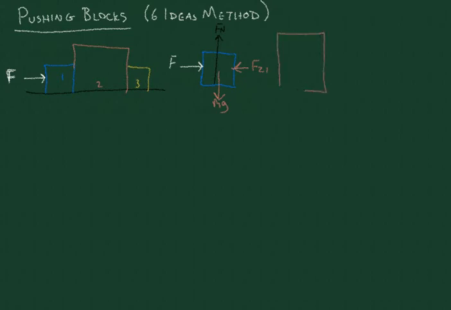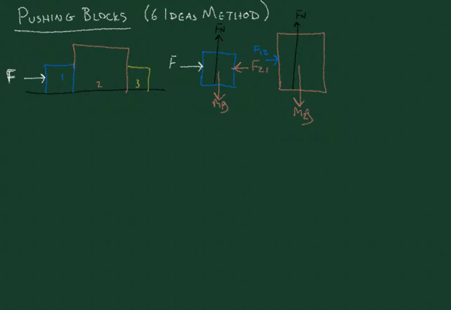Then, if we look at block 2, we also have a gravitational force pushing down on it and a normal force pushing up. I'll distinguish M1 and M2 because these aren't necessarily the same mass. Here we have a force F12, a force from block 1 on block 2.